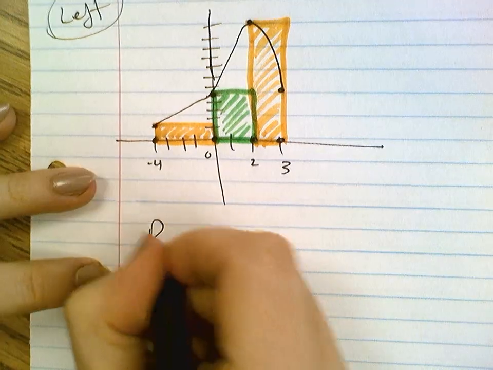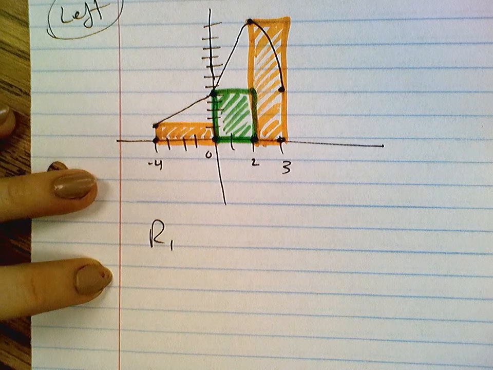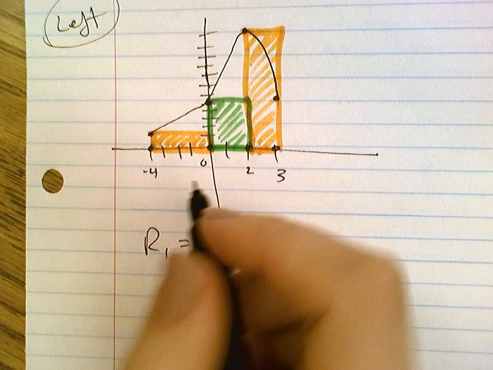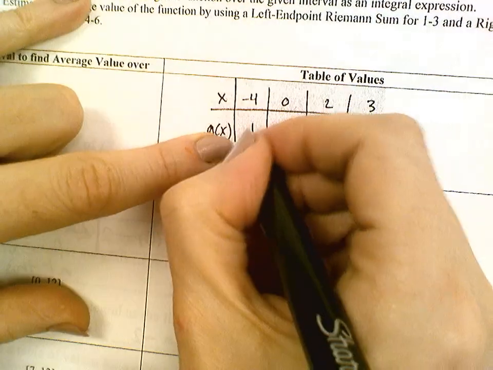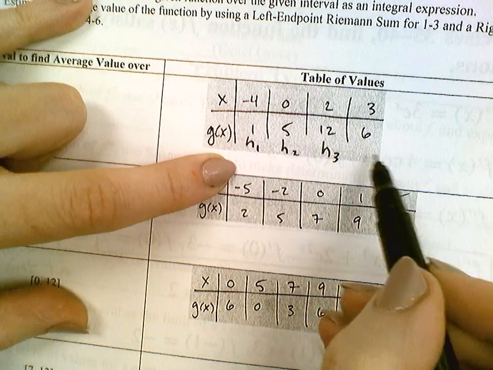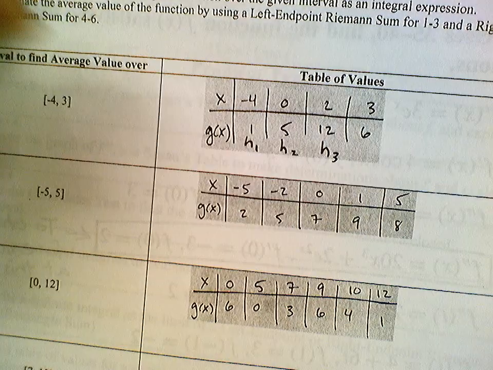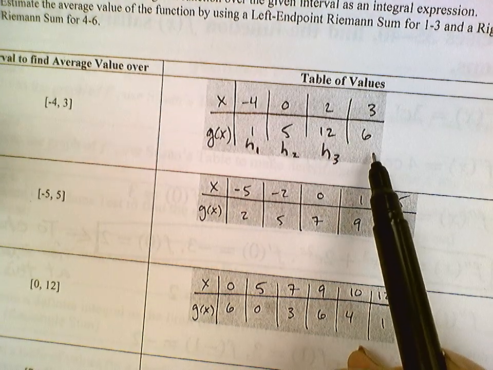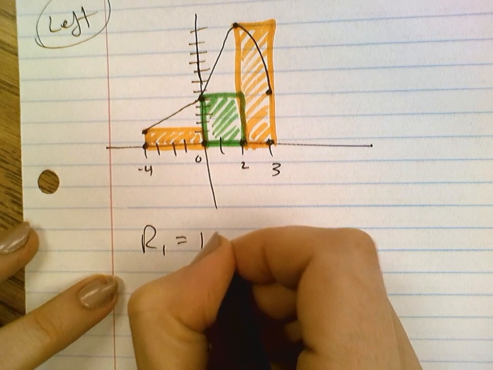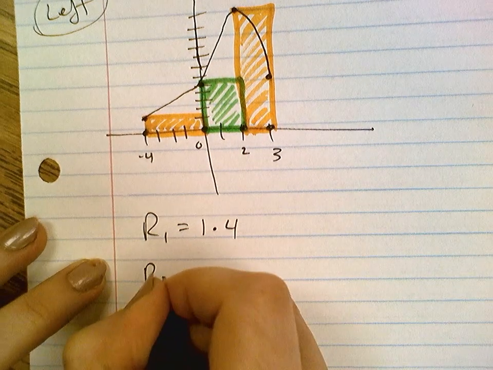So rectangle 1, the height. This is height 1, that's height 2, that's height 3, and we're not even using that very last right endpoint for the height. So height 1 is 1 times the base 4.